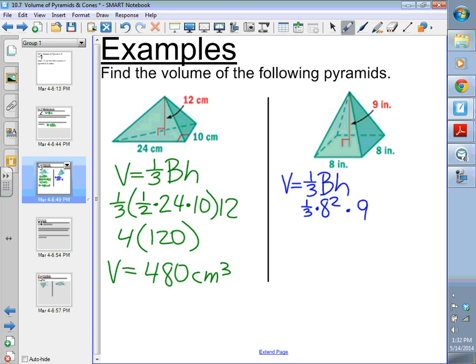So we get 1/3 of 9 is 3 times 64. And we get 192 inches cubed. Easy enough. Moving on.